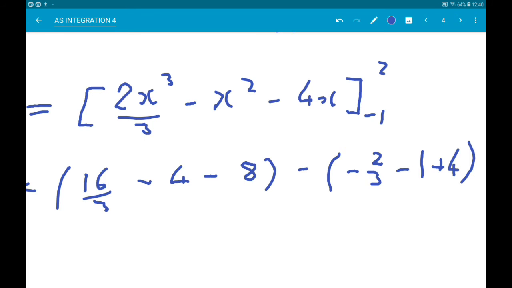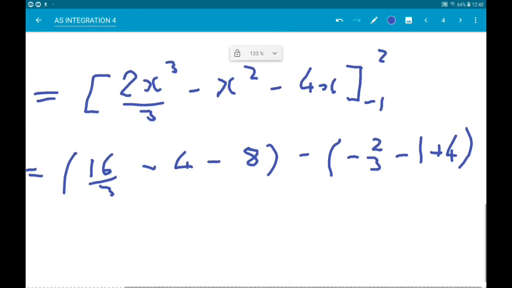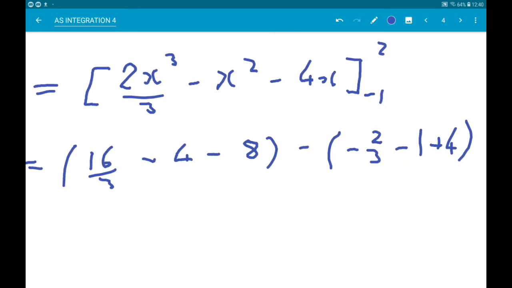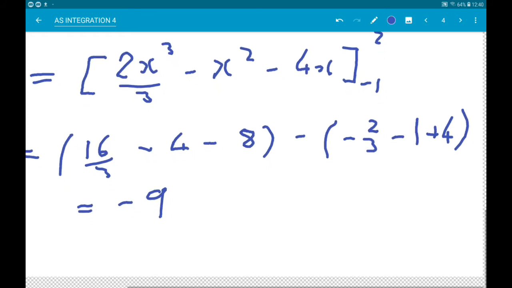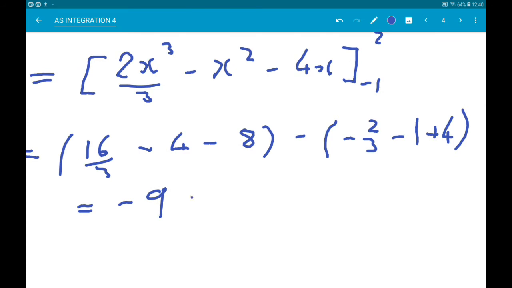Now, be very, very careful with the signs. We should get -9. So, as I said, it came out negative, but the area itself is 9.